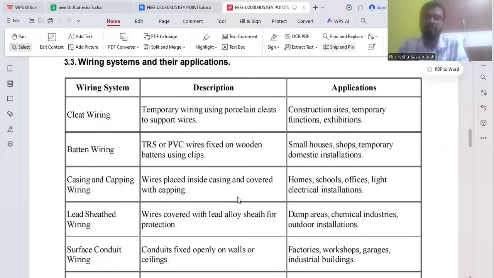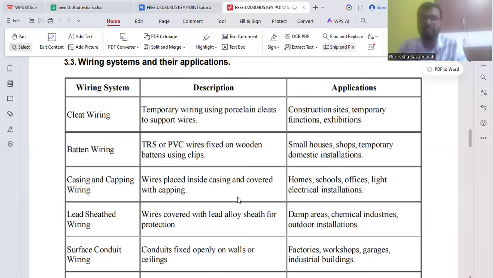Batten wiring: TRS and PVC wires fixed on wooden batten using clips, used in small houses, shops, and temporary domestic installations.